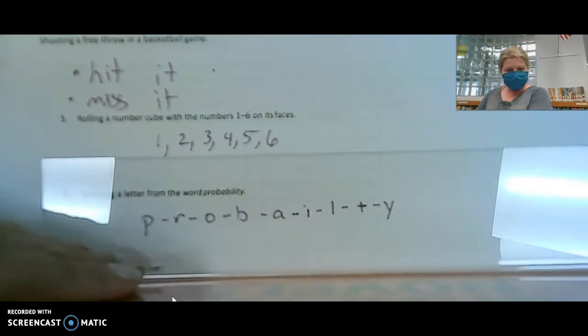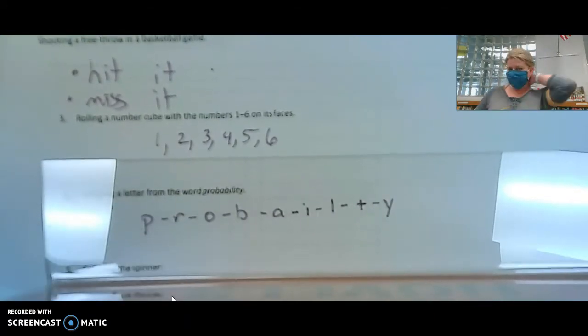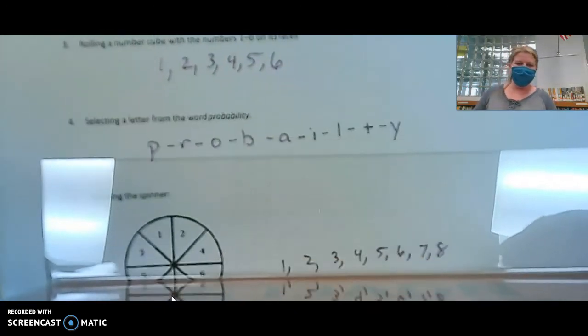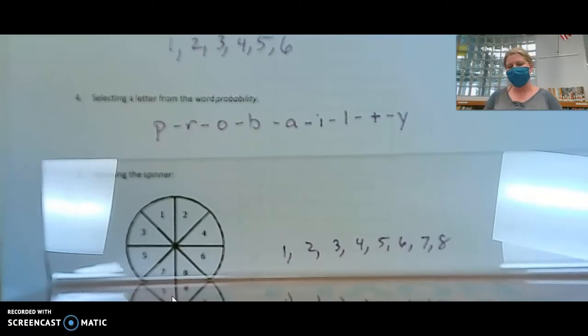Okay, so for the number cube with numbers 1 through 6, the sample space or potential outcomes would be 1, 2, 3, 4, 5, and 6. Now, if you notice on probability, I didn't actually spell the whole word out because some of the letters are repeated.